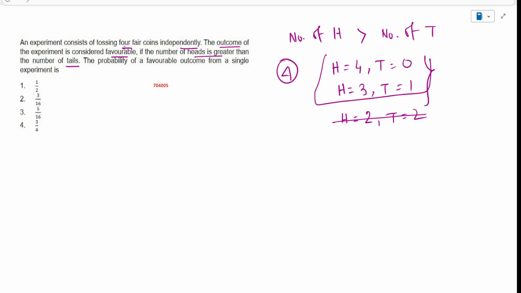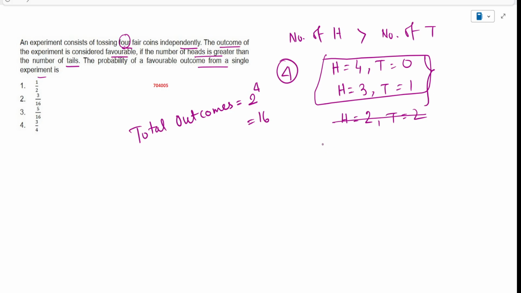Therefore, these are the only two possibilities. Fine. And the probability of favorable outcome from a single experiment. So, if the total number of coins is 4, therefore total outcomes how many? Each coin has 2 outcomes, so 2 to the power 4, which is equal to 16.